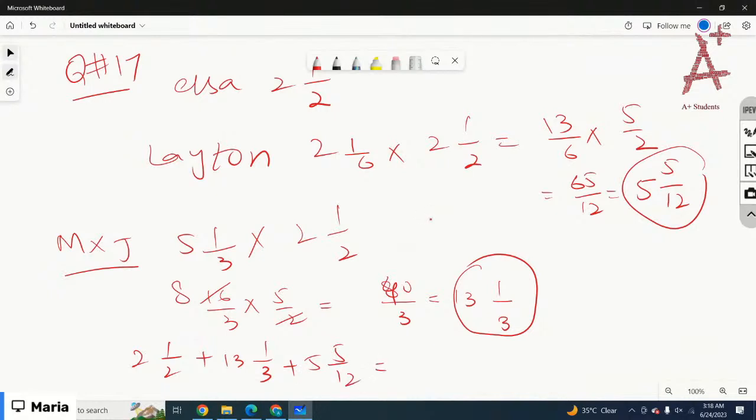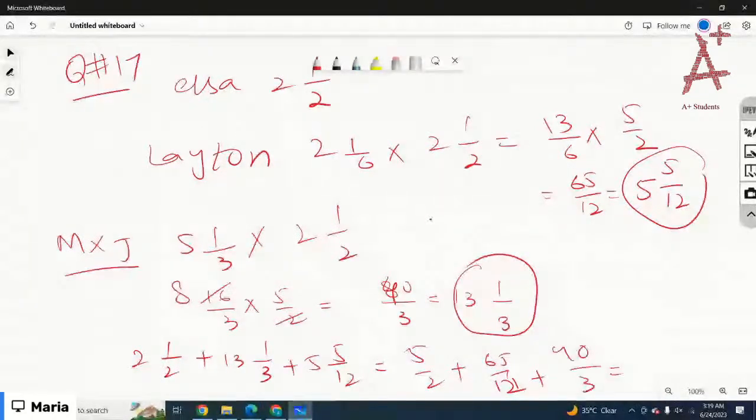You have to add all the fractions. Got it? So it would be 5 over 2 plus 65 over 12 plus 40 over 3.